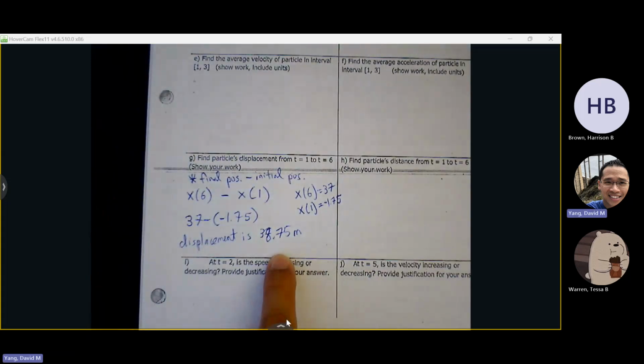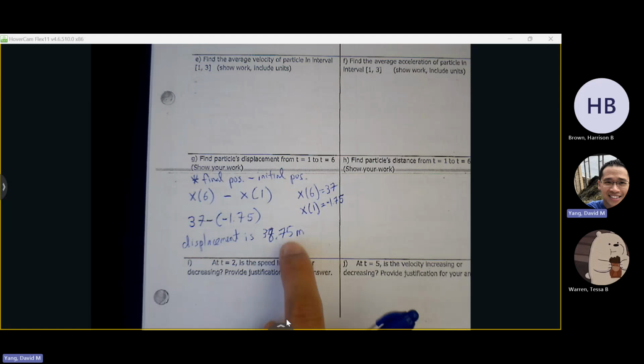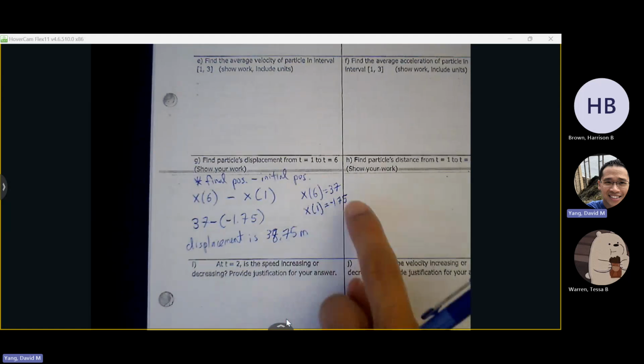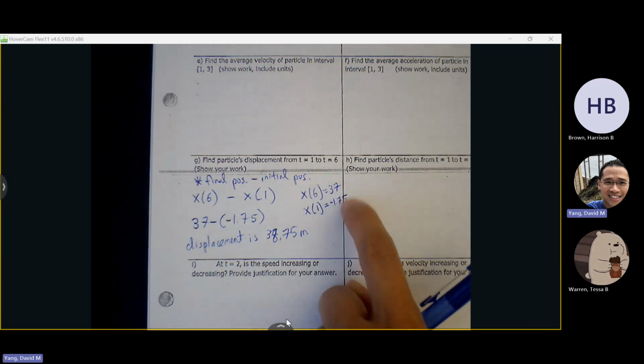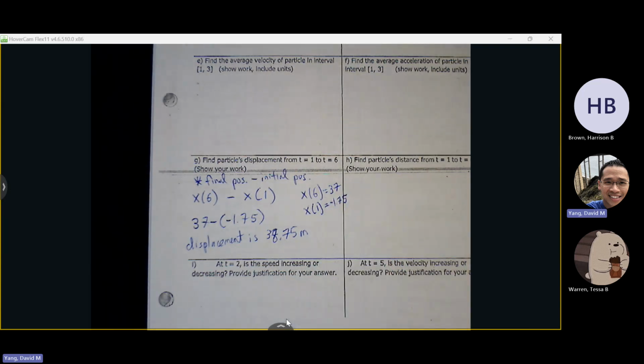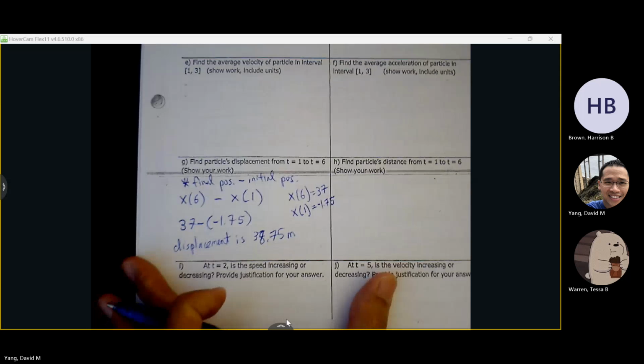Okay. That means between 1 and 6 minutes, this object is going to end up 38.75 meters to the right of where he started. So he's going to start at negative 1.75. 5 minutes later, he's going to end up 37. So he's going to end up 38 units to the right.